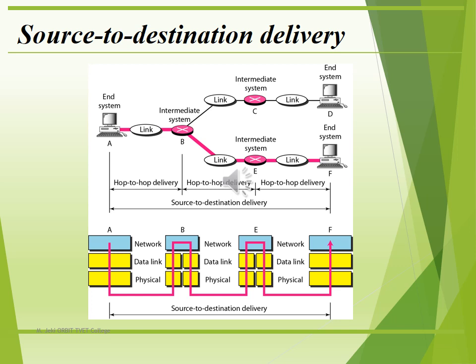As you can see there on that diagram, from the physical, we go to the data link and we go to the network layer. And then those nodes, A, B, C, D, E, F, they are representing a node.